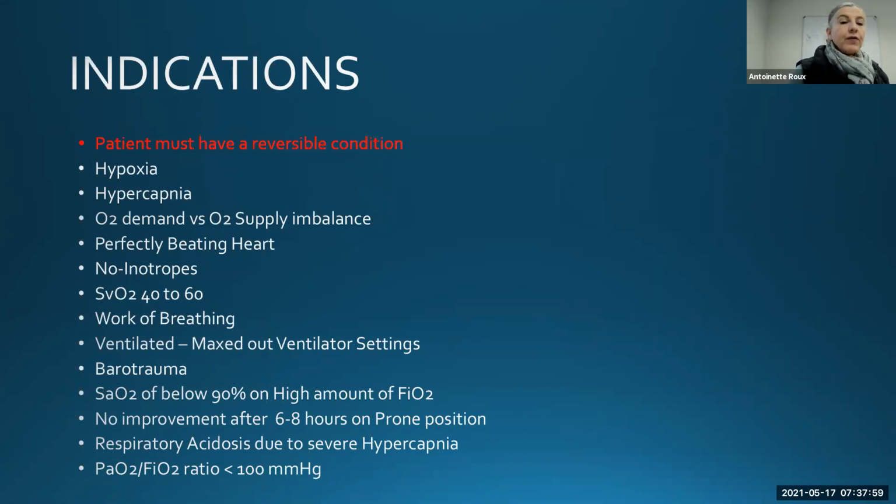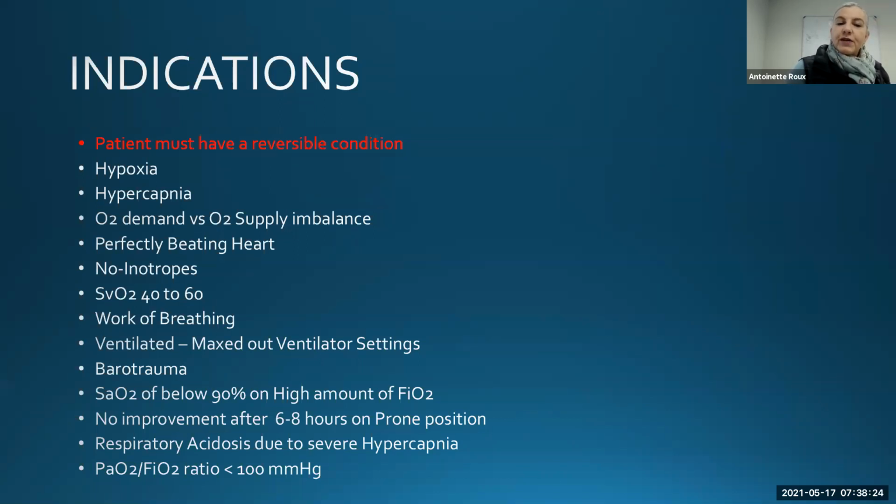Before you, if you decide on ECMO, first put your patient in a prone position. If they improve within about 8 hours, we don't put them on ECMO. If they don't improve, then you definitely have to put them on ECMO. You're also going to look at the two scorings, the Murray score and the RESP score.